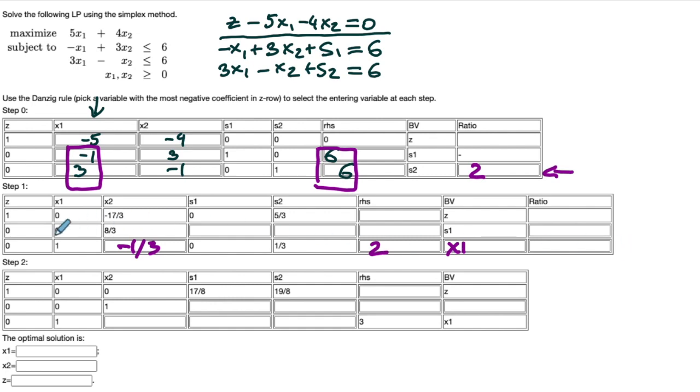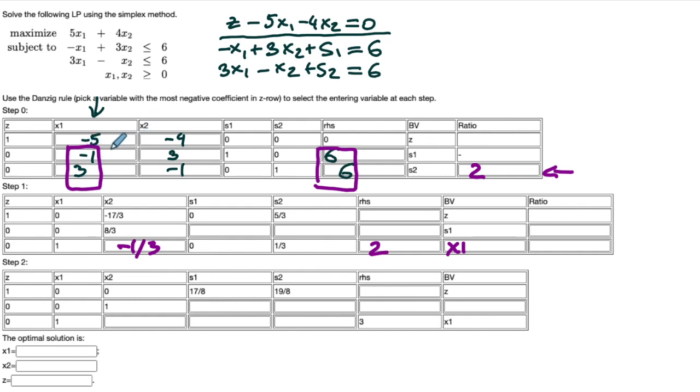And then to compute the entries in row 0 and row 1, we are going to use this new row that we just produced for the entering variable. We will multiply this row by the negative of the coefficient we have here, and we'll add it to the corresponding row.